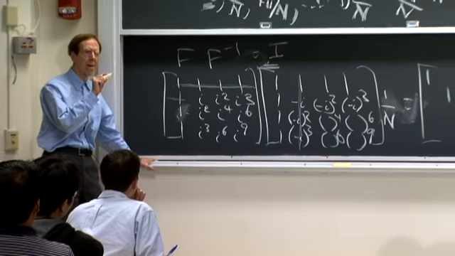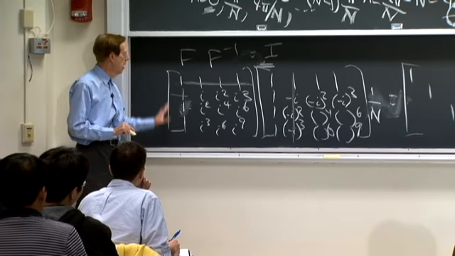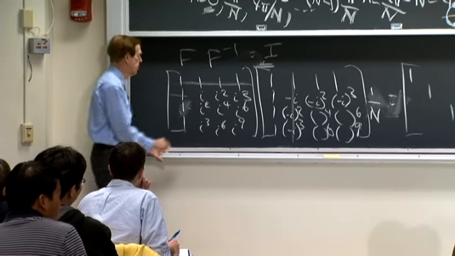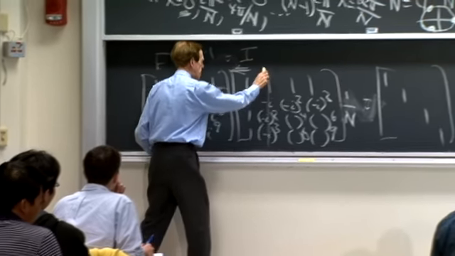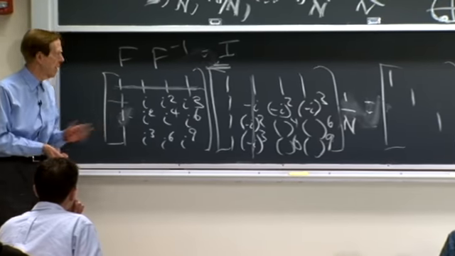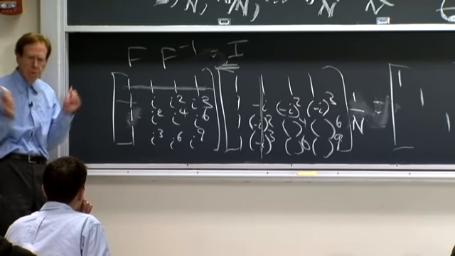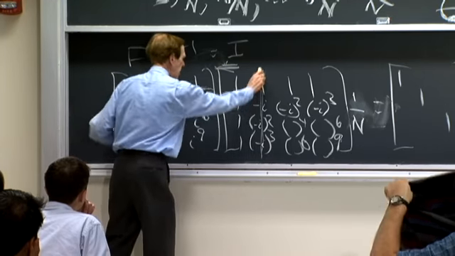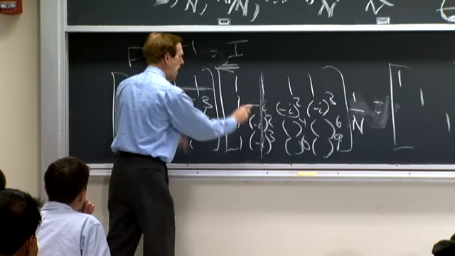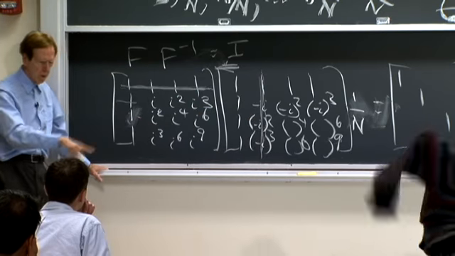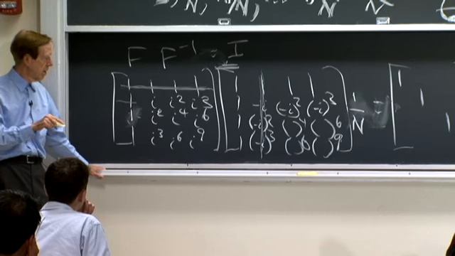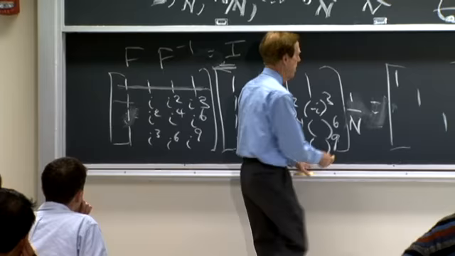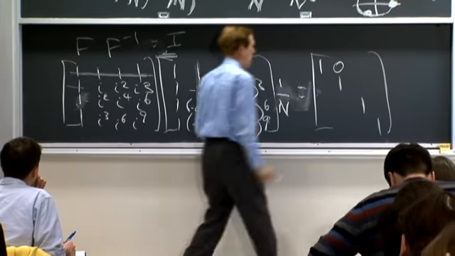I'm looking at the 1, 2 entry in this multiplication, or rather the 0, 1 entry, I should say. This is the 0th row, and this is the row number 1, and what do I get out of that? 0, right? That was my point, that this is adding up, going the other way around because it's the complex conjugate, but it's adding up the same four numbers and giving me that 0.